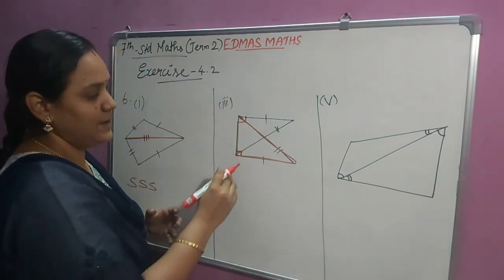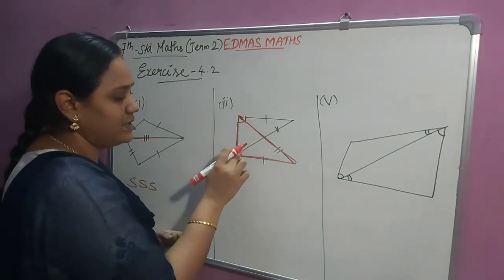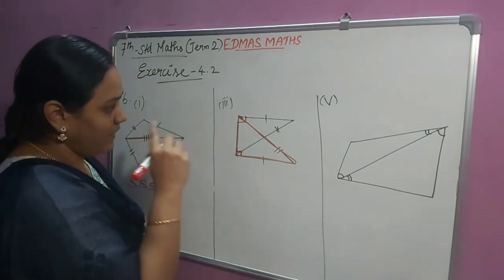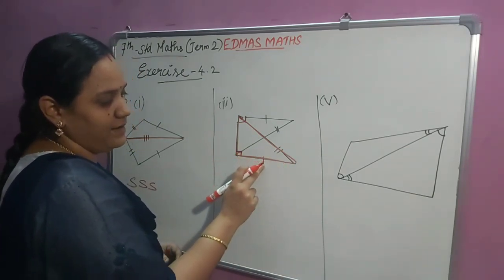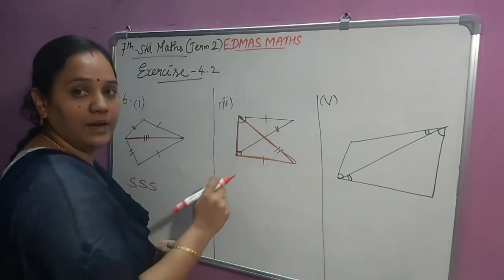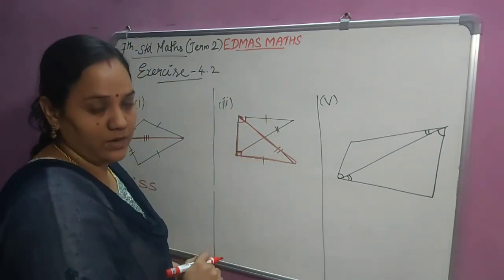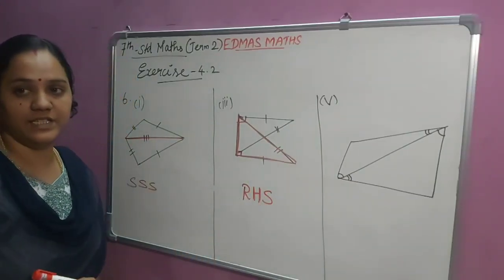That is, this is a right angle triangle, this angle is a right angle and this angle is also a right angle. And in this triangle, we can say this side is equal to this side, that is single line, and these two are double line. So these sides are equal. Since these two had the same base, a right hand side criteria.